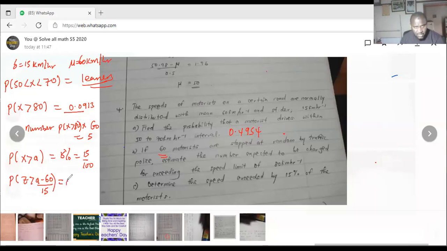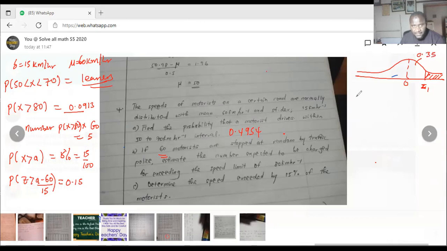Now, this is going to be 0.15. So it is greater, but a very small probability. So if it's greater and a very small probability, it's on the right, coming from positive infinity up to somewhere where the value of Z1 is going to be read. This is 0.5. So we need to get the balance here of 0.35.